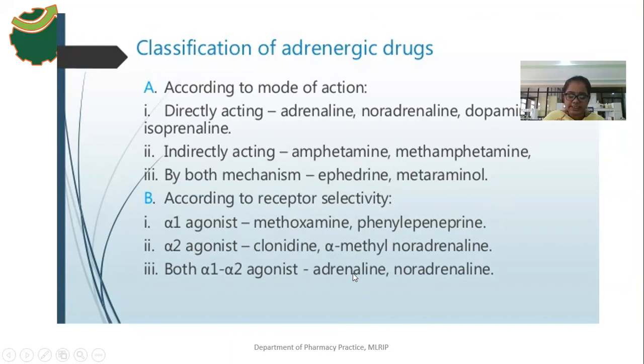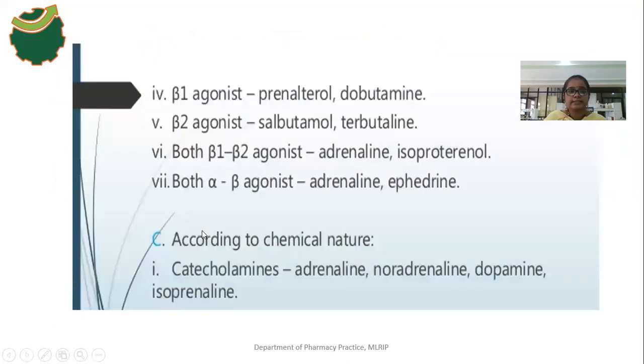So adrenaline and noradrenaline are also called non-selective alpha agonists, because they bind with both alpha 1 and alpha 2 receptors. Next, beta 1 selective agonists are prenalterol and dobutamine, and selective beta 2 agonists are salbutamol and terbutaline.